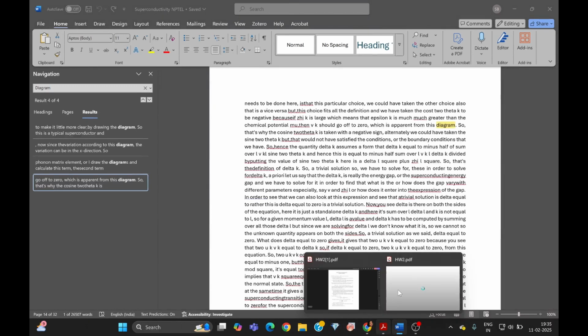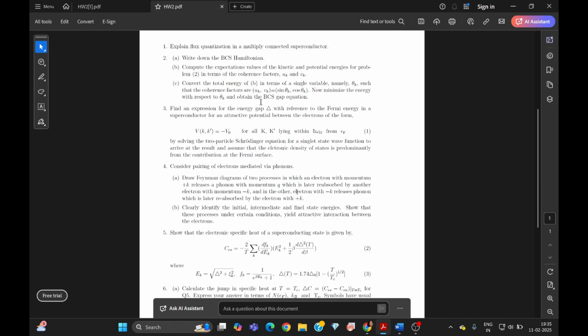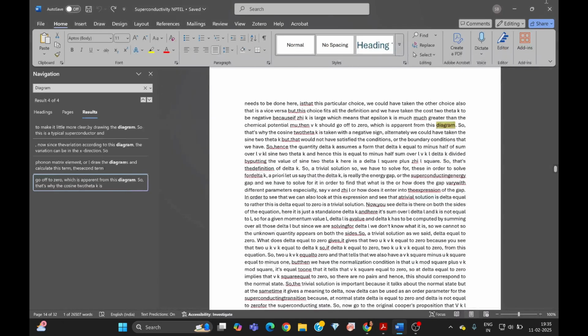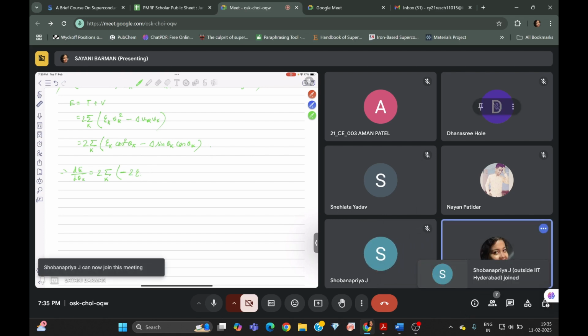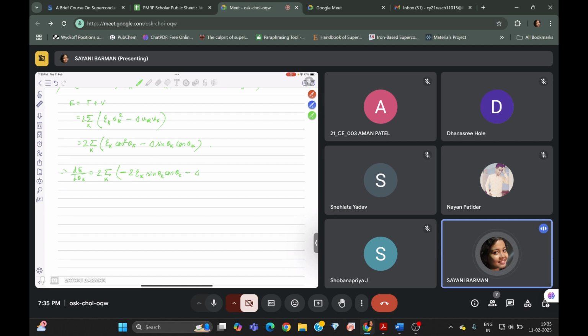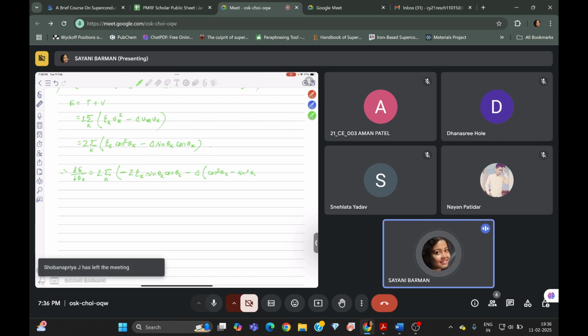Now they have asked us to minimize the energy with respect to theta k, which means we have to take the derivative. dE by d theta: for cos square theta, the derivative is minus 2 sine theta cos theta, minus delta times the derivative of sine theta cos theta, which is cos square theta minus sine square theta.